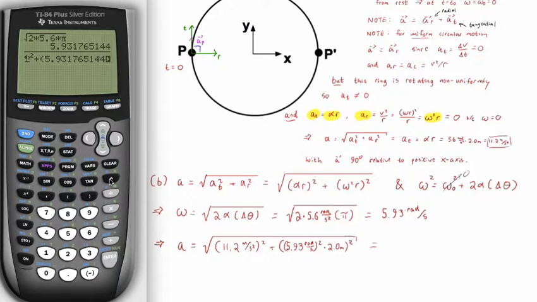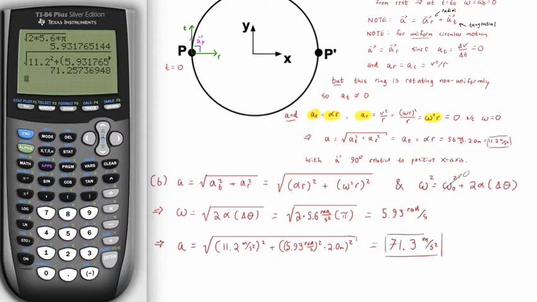I'm going to square it, multiply that by 2, close that set of parentheses, square that term, and then finally close the root. All right, so I get 71.3 meters per second squared. The units are not in radians or anything because this is a translational term. We basically did the conversion from rotational expressions to translational expressions.